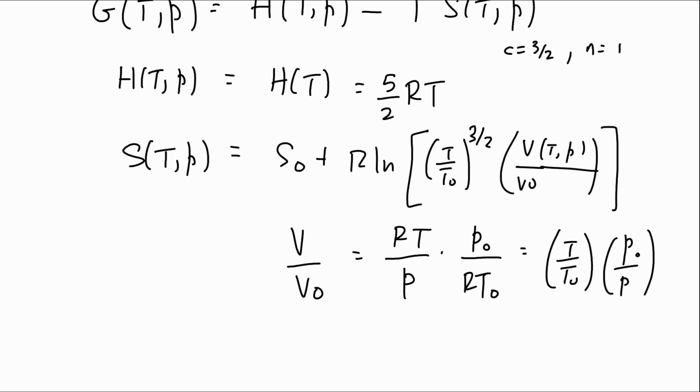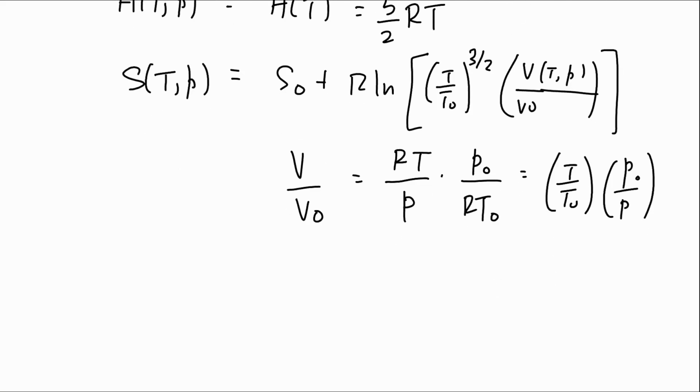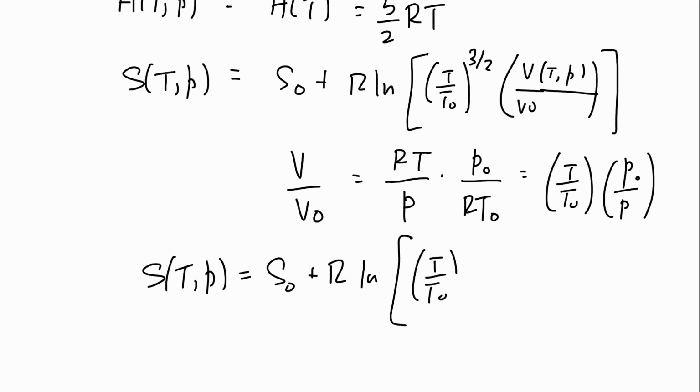Okay, so I have to do this, and so my S of T and P is going to be S naught plus R log T over T naught to the 5 halves.